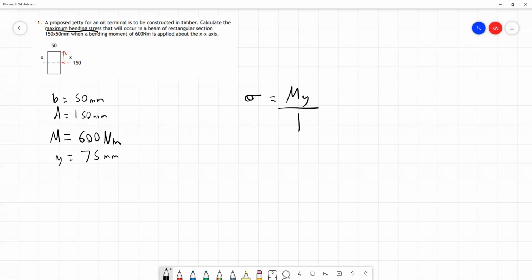So we need to find I. We don't know I yet, our second moment of area. So I is currently unknown, and our maximum stress is unknown, and this is what we're aiming to get to in this question. So let's start off with our equation for second moment of area about the x-axis.